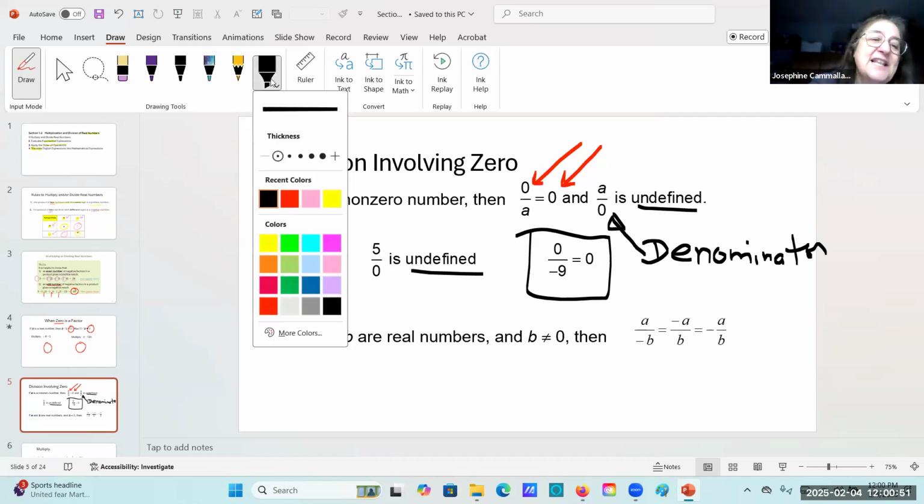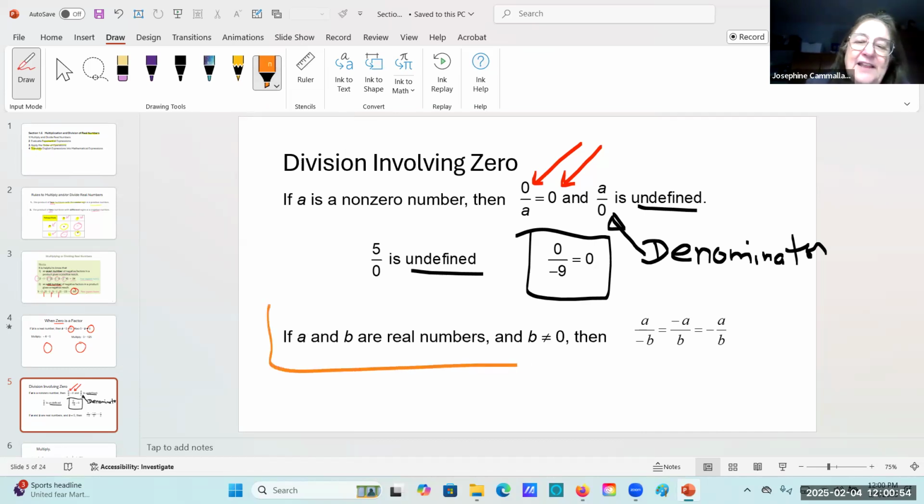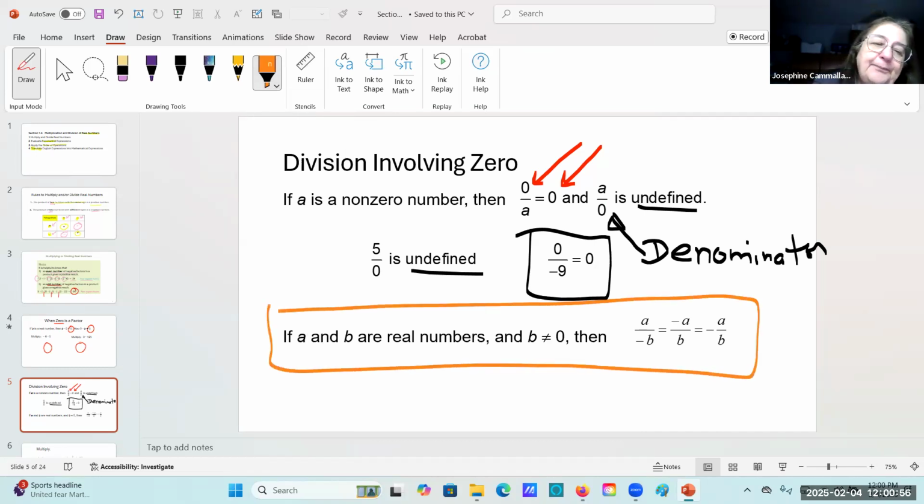And then this last line, this is something you're going to have to get used to. You have a fraction. It is showing a negative in the denominator. But you have to know that that negative b can change things, and I can move the negative to the a. And then you're going to find more often than not, the negative is sitting with the fraction bar.